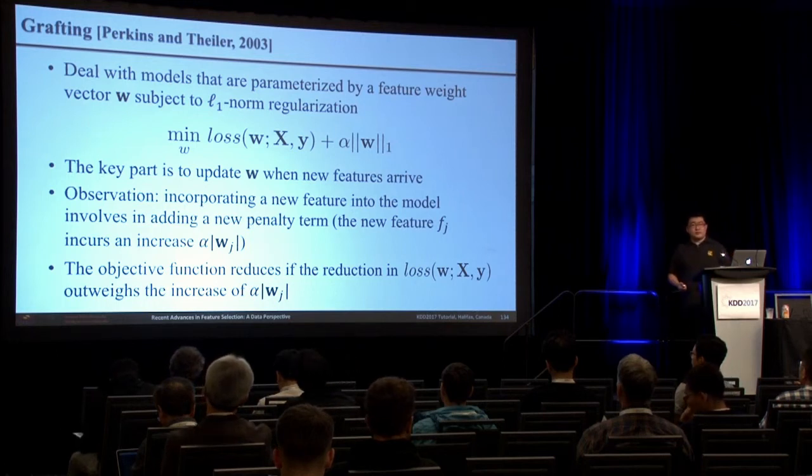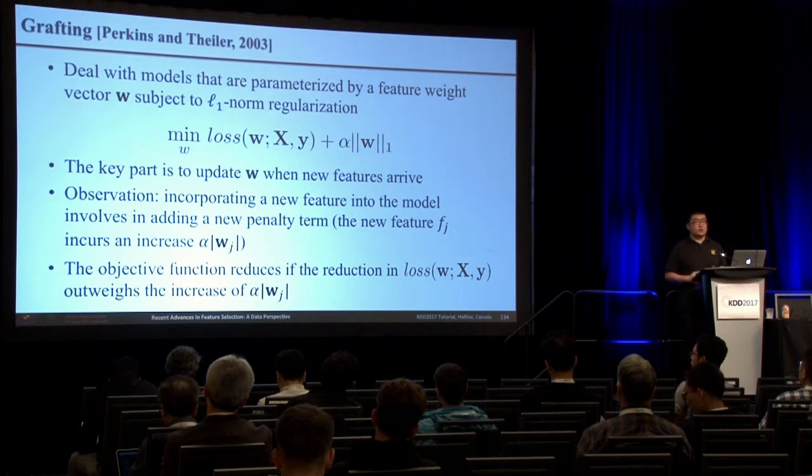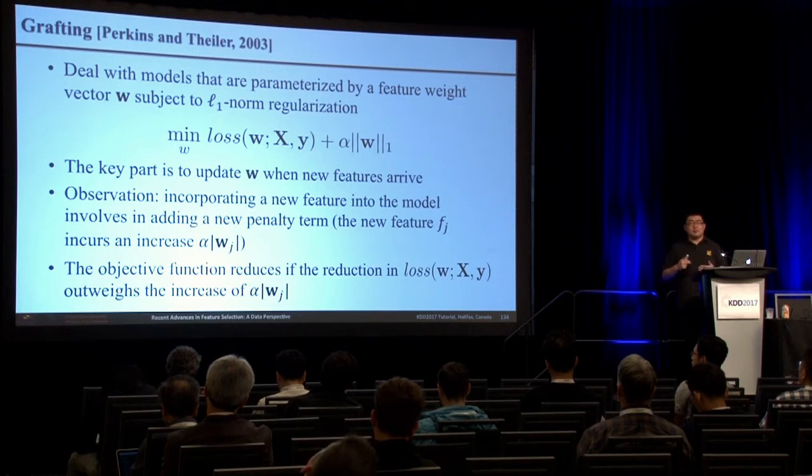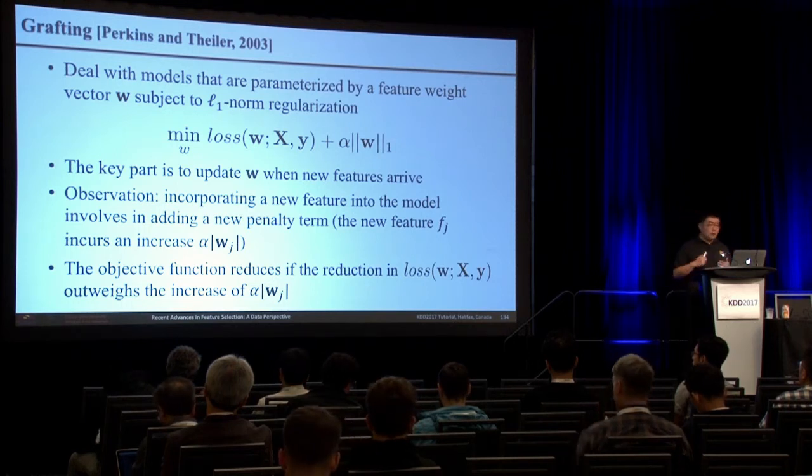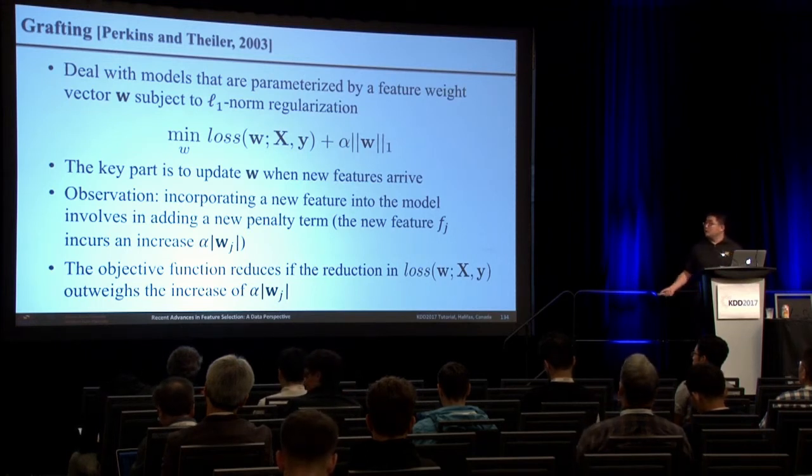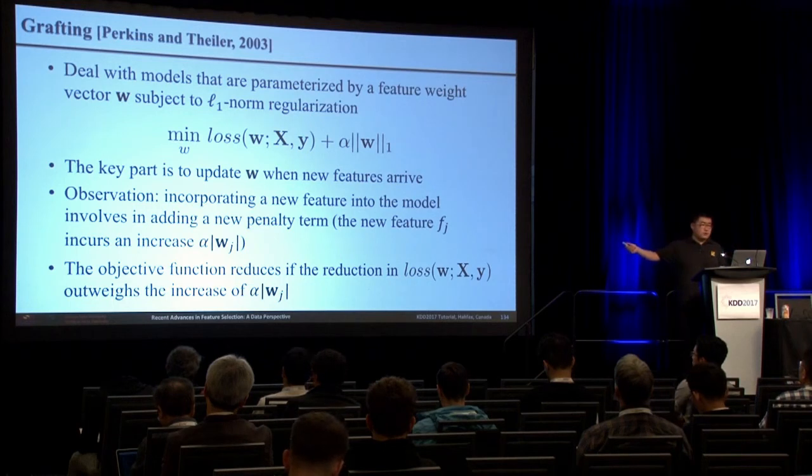So the problem is how we can decide whether to accept this feature or not. The basic principle is that we only need to accept the new feature if its acceptance can reduce the overall objective function. Basically, we need to check whether the reduction in the loss function will outweigh the increase in the penalty term.